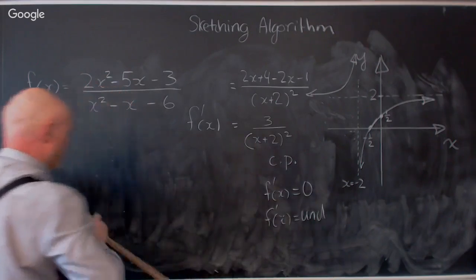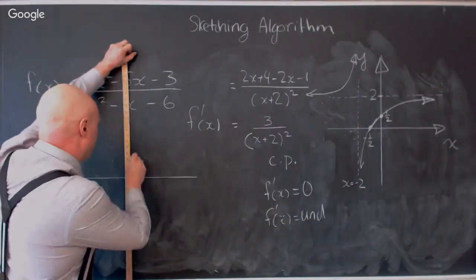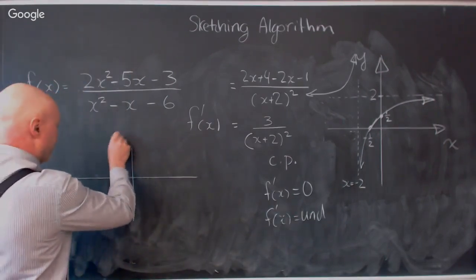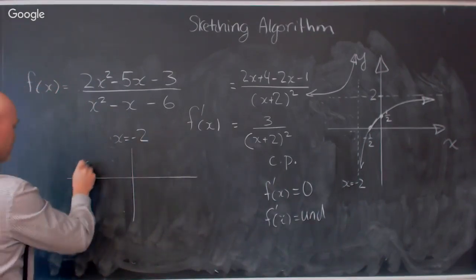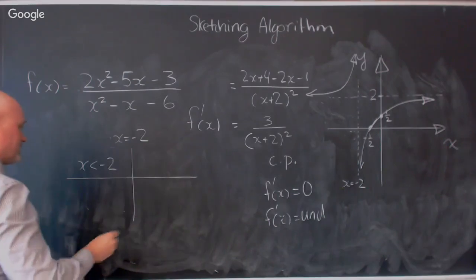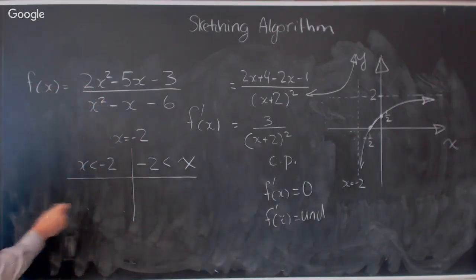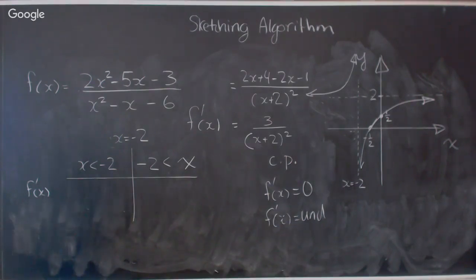And so what we're going to do is make a quick interval table here, and exciting things are going to happen when x is equal to -2. So we're going to look at the interval when x is less than -2, and the interval when x is greater than -2, and we're interested in the sign of this function below and above -2.